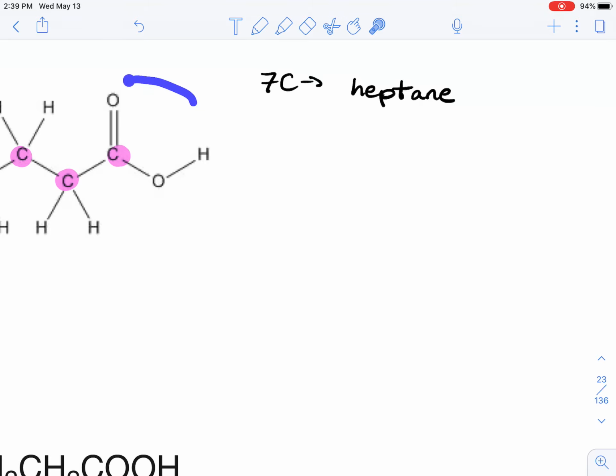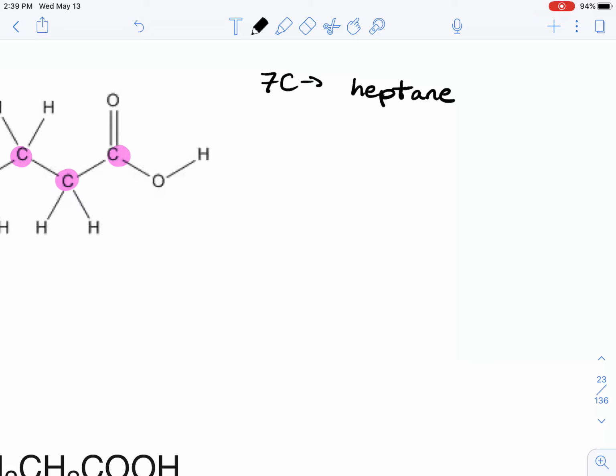And so looking at this piece right here on the right, I recognize that this is my carbonyl group, and this carbonyl carbon is covalently bonded to a hydroxyl group. And so that informs me that this whole entire structure is going to be a carboxylic acid.